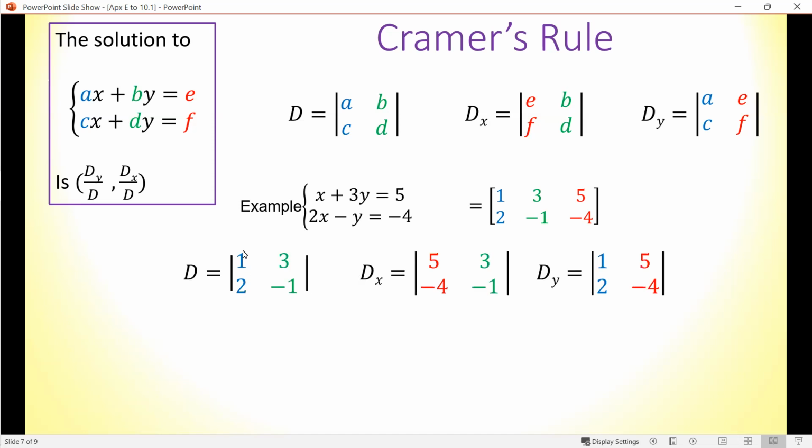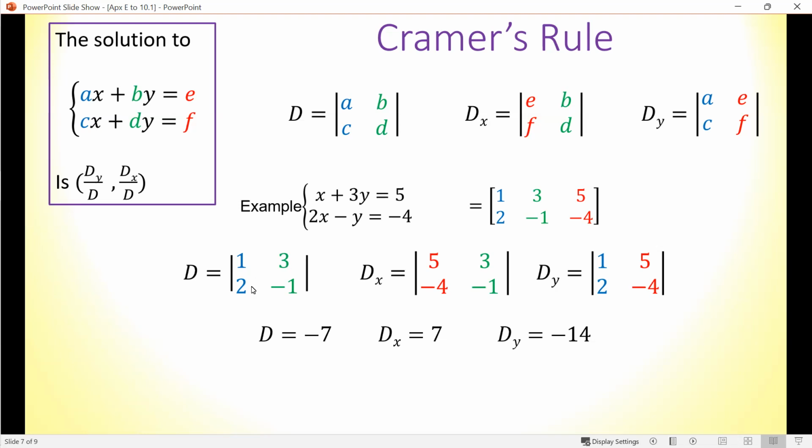And then we'll calculate the determinant of the coefficient matrix. We'll calculate the determinant of our sub x matrix, where we're replacing our x column with our constant term column. We'll find the determinant of our sub y matrix, where we're replacing our y column with our constant term column.